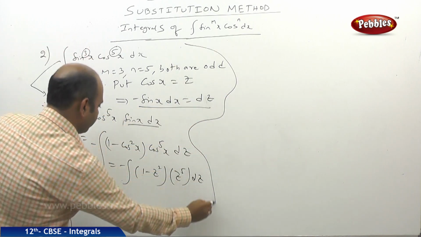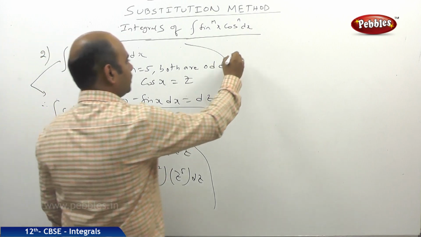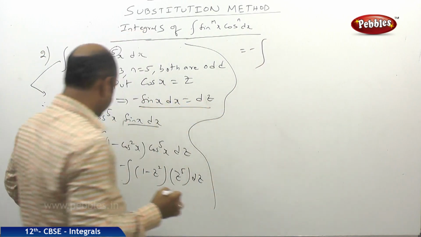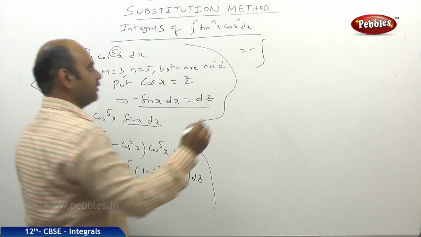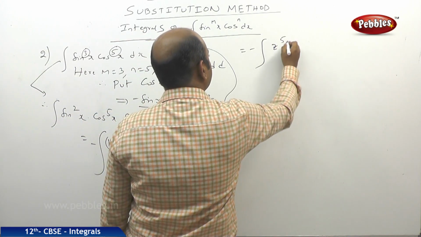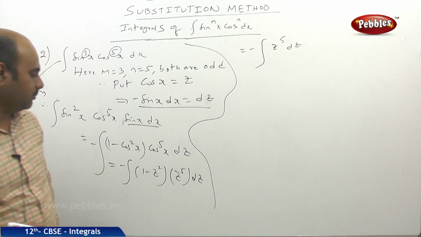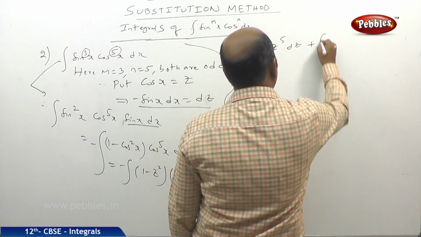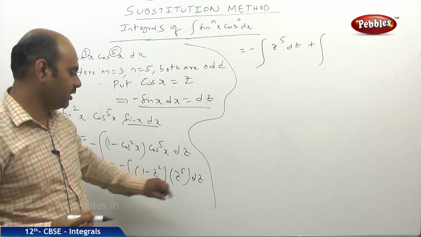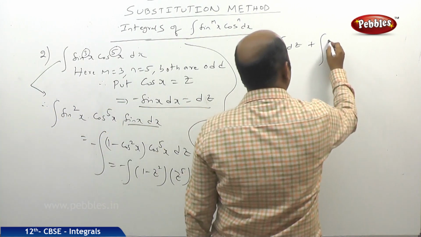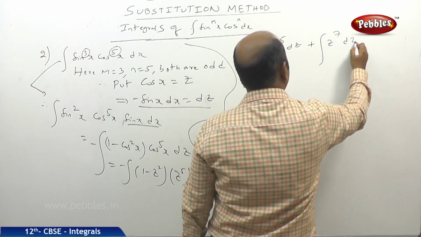So finally that is equal to minus integral of 1 into z power 5 dz, and minus minus will become plus, integral of z square into z power 5, that means z power 7 dz.